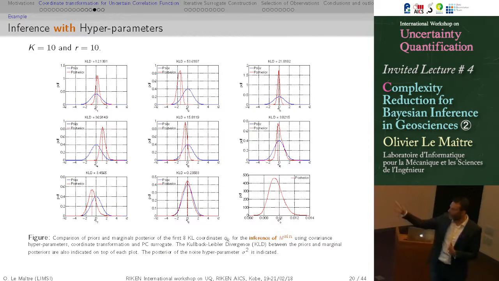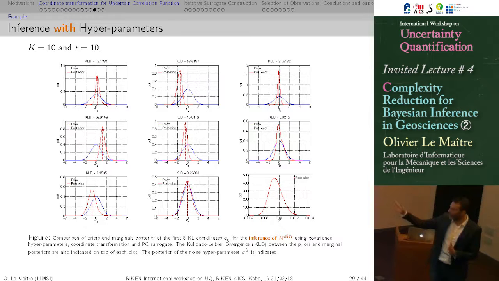Okay? You have the KLD value, so the distance in terms of KLD. Now, if you use hyperparameters, this is what you obtain. And now you can see that you have significant differences up to mode 7. Okay, so now you have much better learning simply by the fact that you're introducing some hyperparameters. So you can adjust your a priori and discover what is the best one.